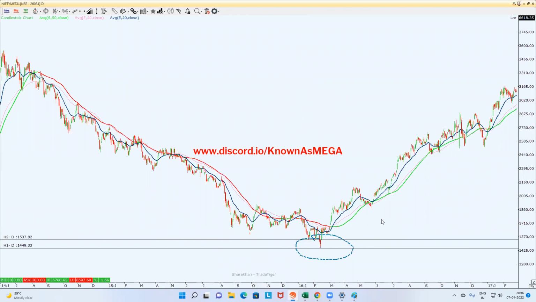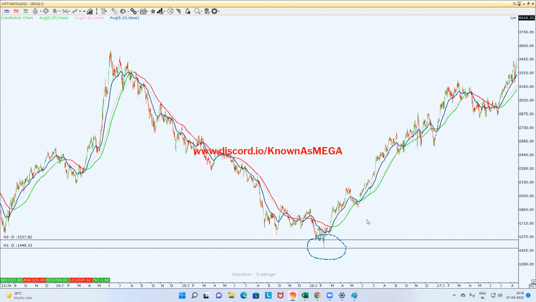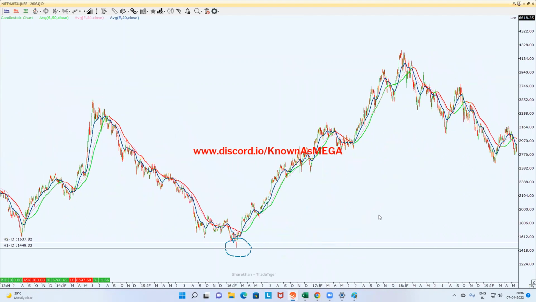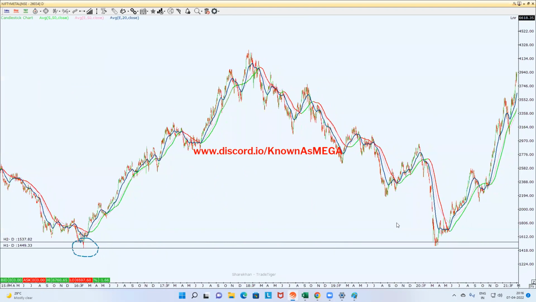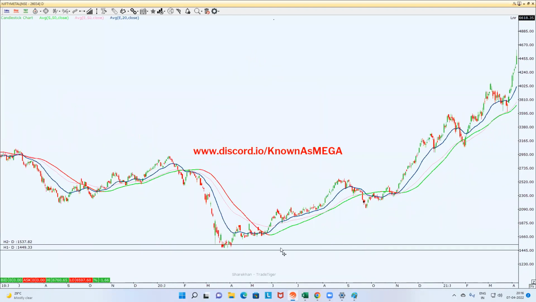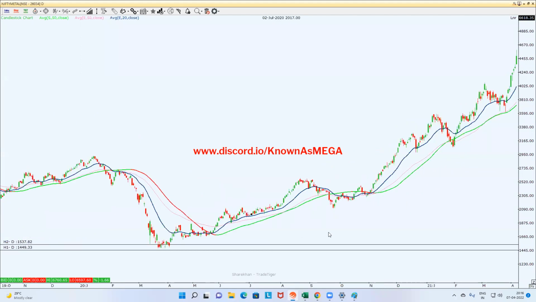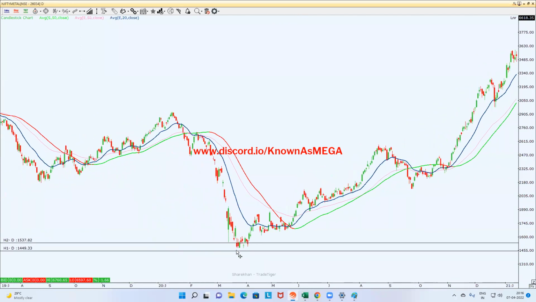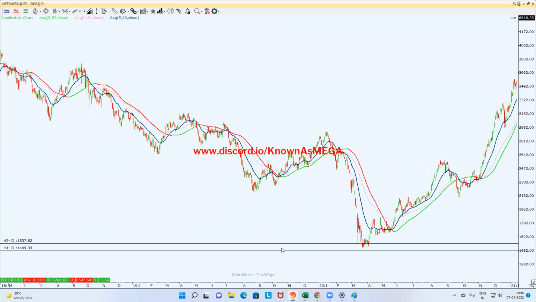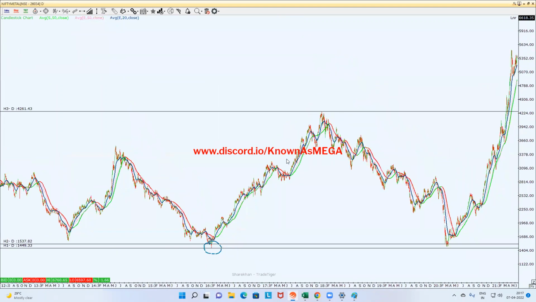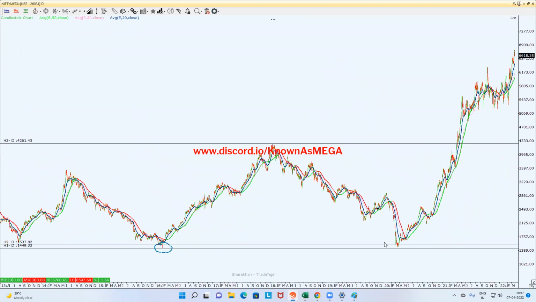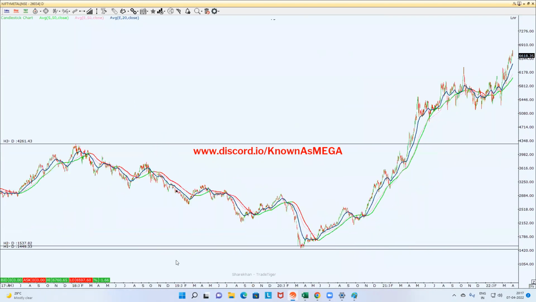Guys, am I audible? So see, if you see here, price came down and exactly picked up all the pending orders. Although after marking this, price has gone up, and then it has come down significantly.